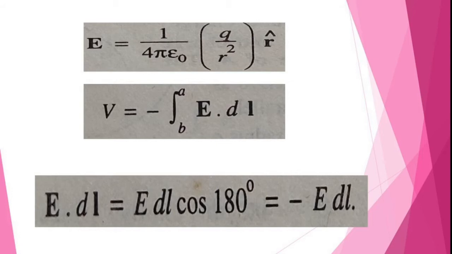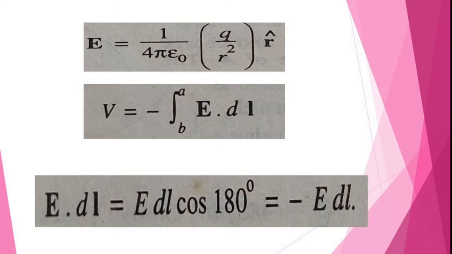We know that E is radially outwards, and r cap is the unit vector along OP from A to B. Since dl has direction from B to A, we can replace dl with minus dr. So dl is equal to minus dr, and substituting, E dot dl will be E dr itself.